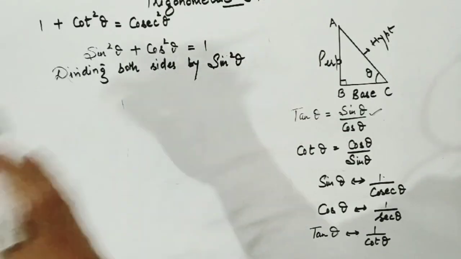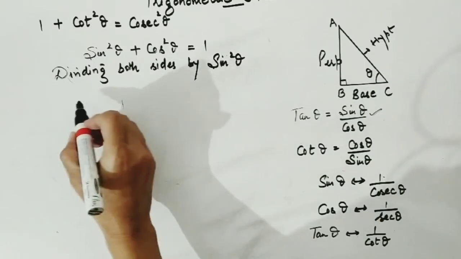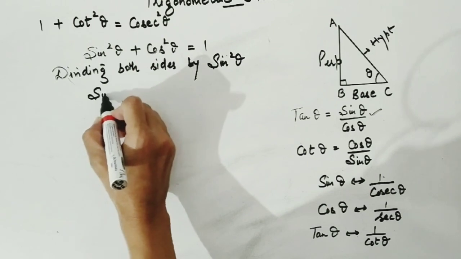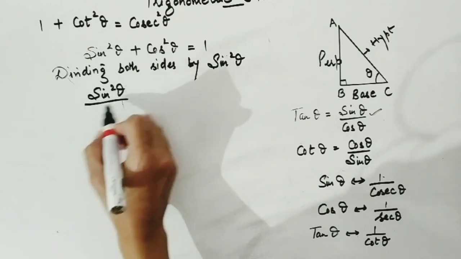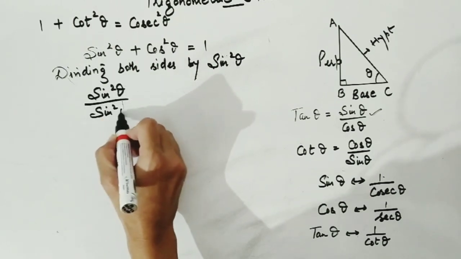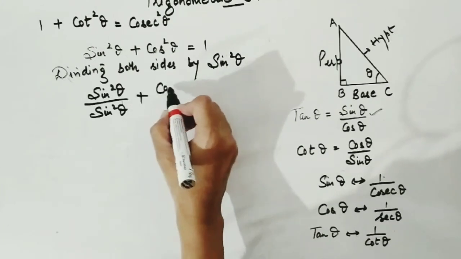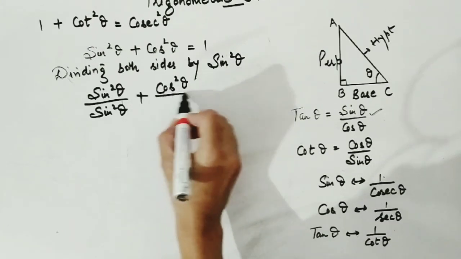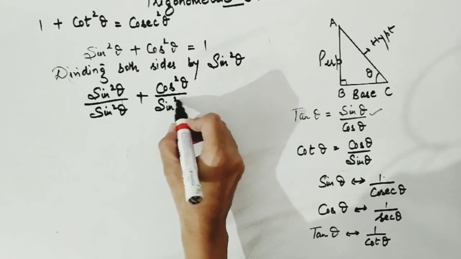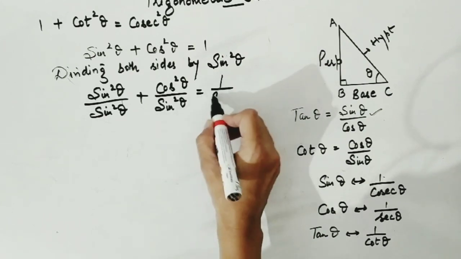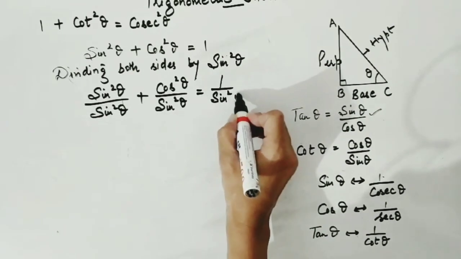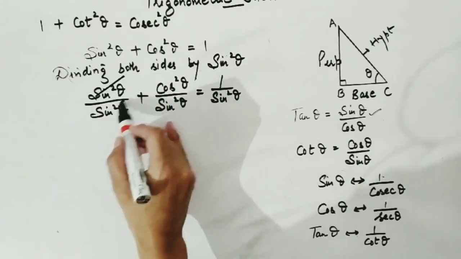Pick up this, divide the whole by sine square theta. Sine square by sine square. This is cos square theta by sine square theta and 1 by sine square theta. Perfect. Sine square cancels.